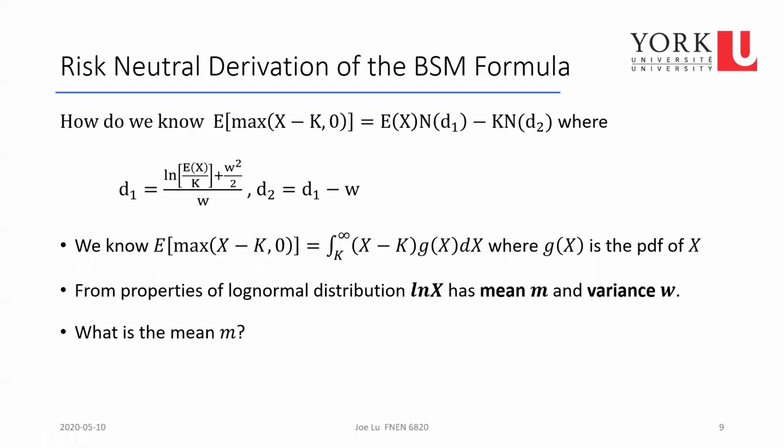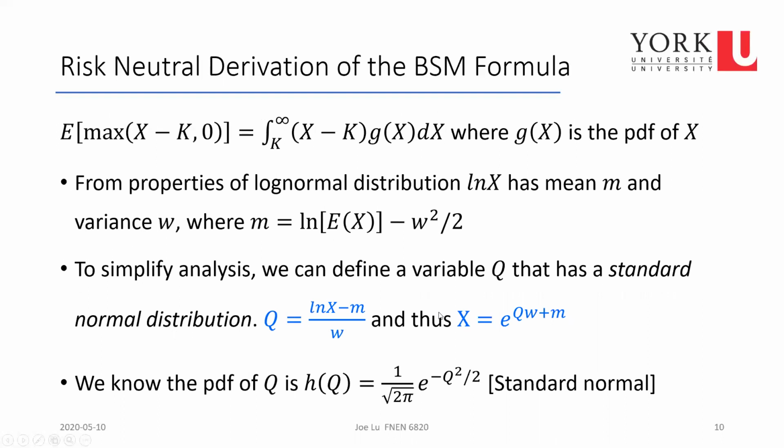So what is the mean and variance of log x? It's much easier to integrate over a normal probability density function. So that's the approach we're going to take. And we know log x has a normal distribution if x is log normally distributed.